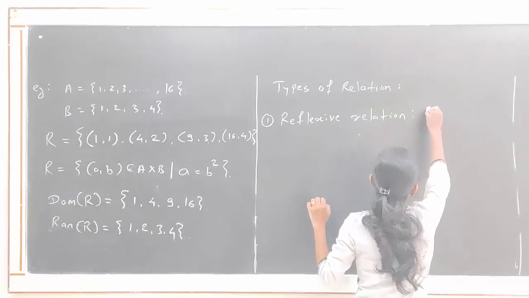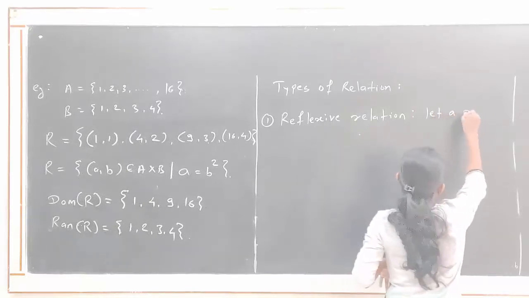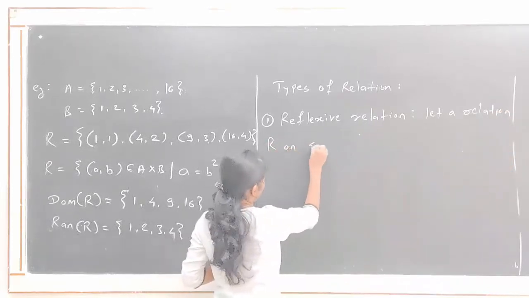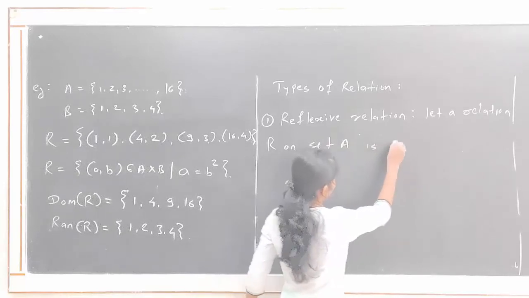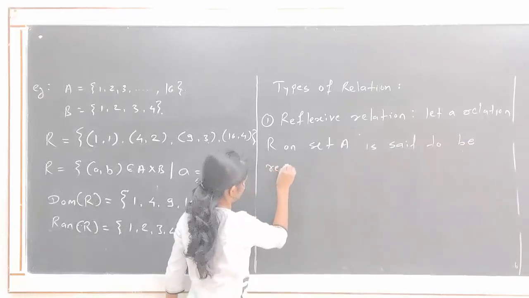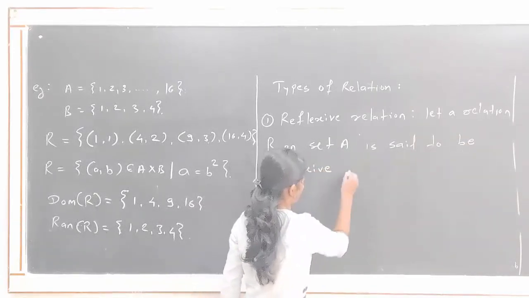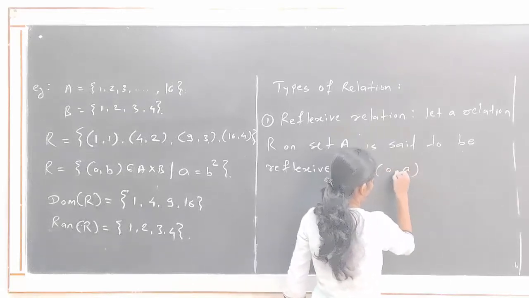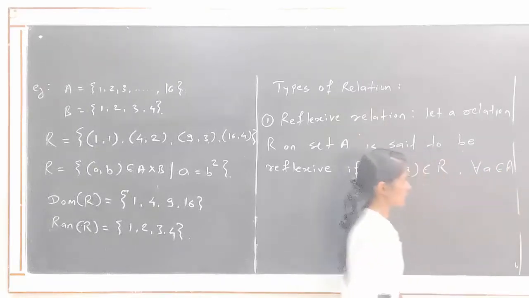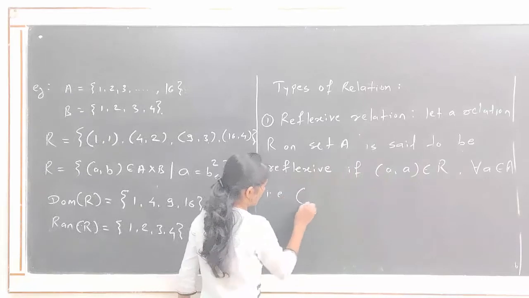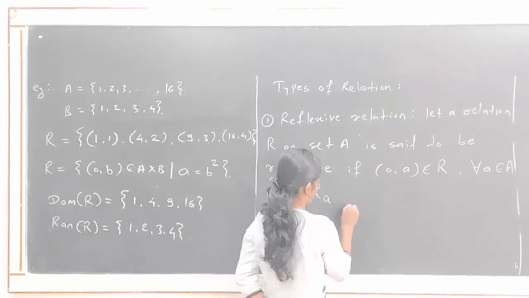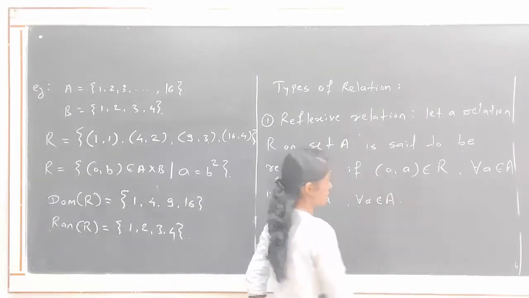Definition: let a relation R on set A be said to be reflexive if the ordered pair (A, A) belongs to relation R for every A belonging to set A. That is, A related to A for every A belonging to set A.